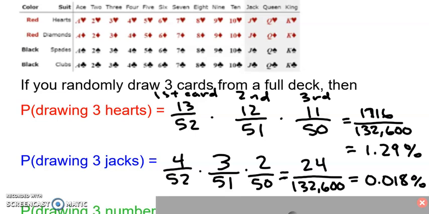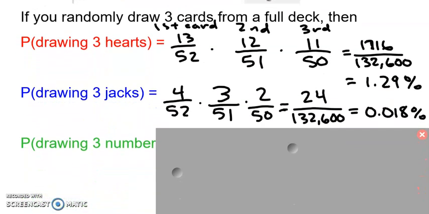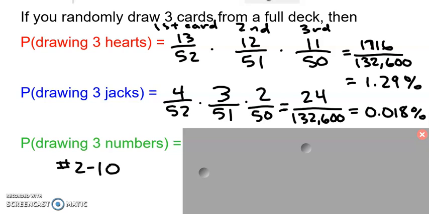Okay. And then looking at one more example, drawing 3 different numbers. Now in this case, we'll just call ace. I know that ace has a value of 1 in a lot of card games, but ace isn't a number, so we'll just say 2 through 10. All right, so if we got the numbers 2 through 10, that means there are 9 different cards that have a number on it for each suit.